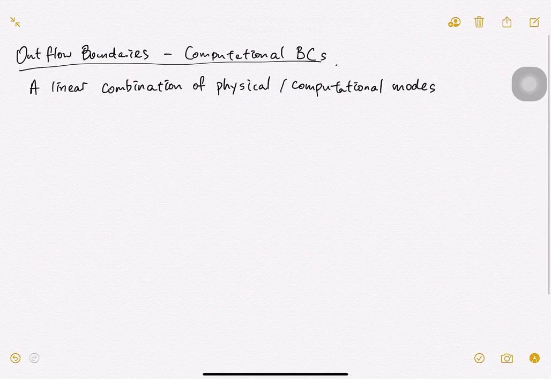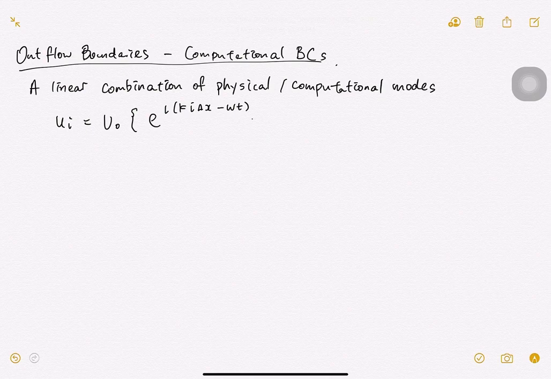So u, the solution for the discrete version, equals u naught e to the power of iota k i delta x minus omega t, plus r times minus 1 to the power of i, and then e to the power of minus iota k.